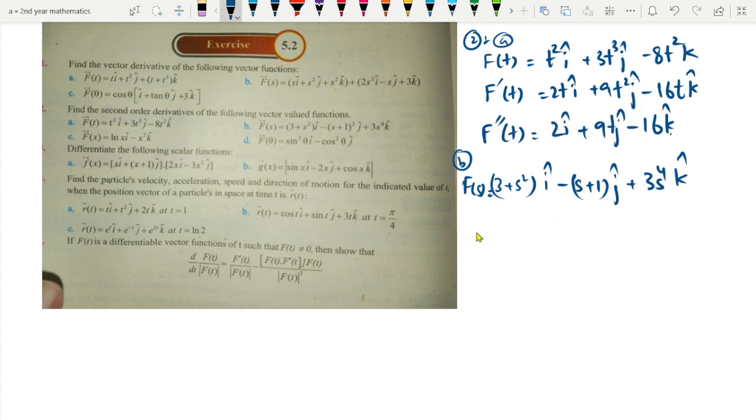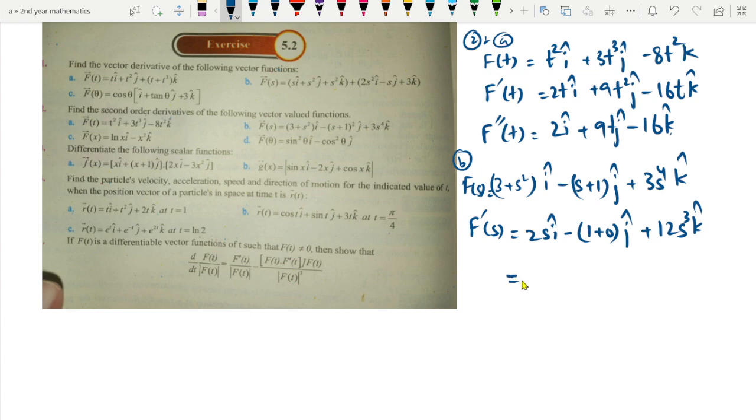Now take the first derivative: f prime of s is equal to 0 plus 2s i, minus 2 times s plus 1 j, plus 12s cube k.